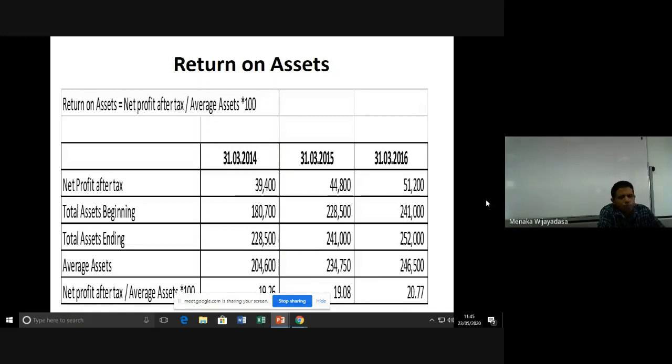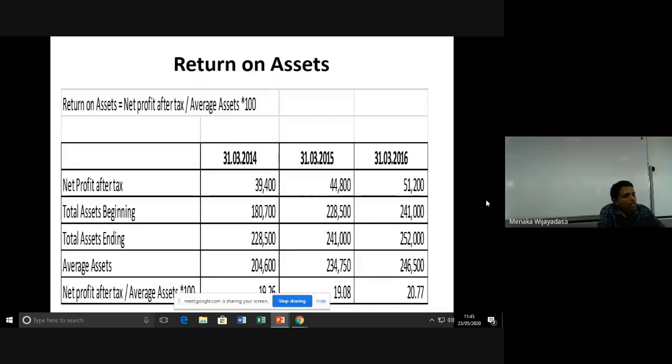Now, a very important thing as far as bankers are concerned. If you go to your bank's financial statements and compute this ratio, banks normally publish this return on assets ratio, and it will be a very small figure, right?